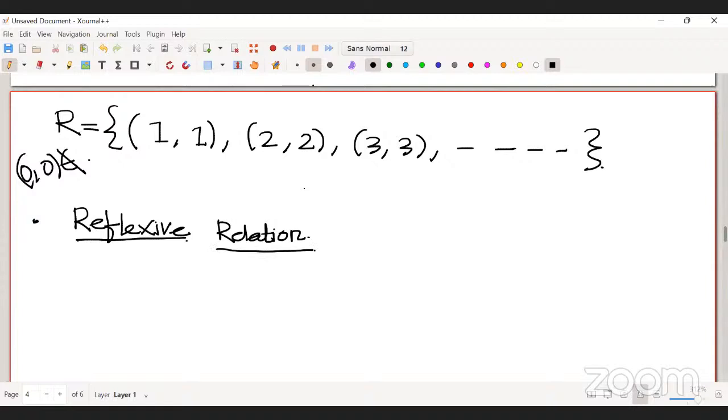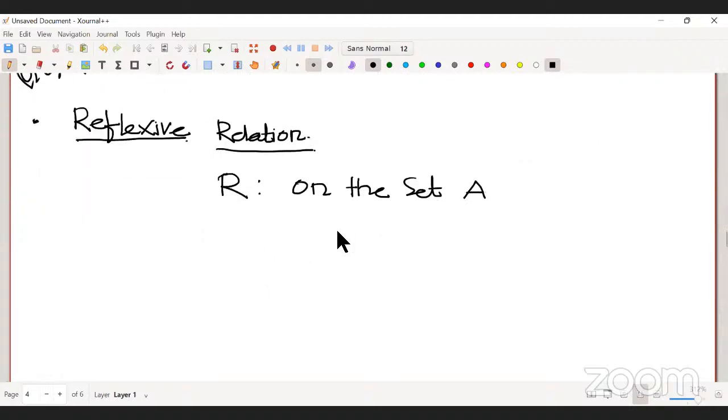So reflexive. Suppose R is a relation. I can say that R is a reflexive relation if and only if R contains the identity relation.